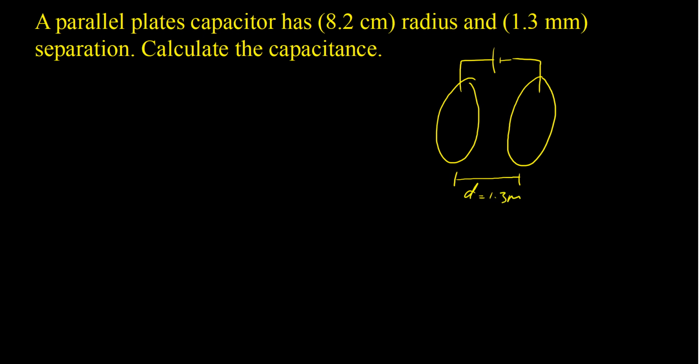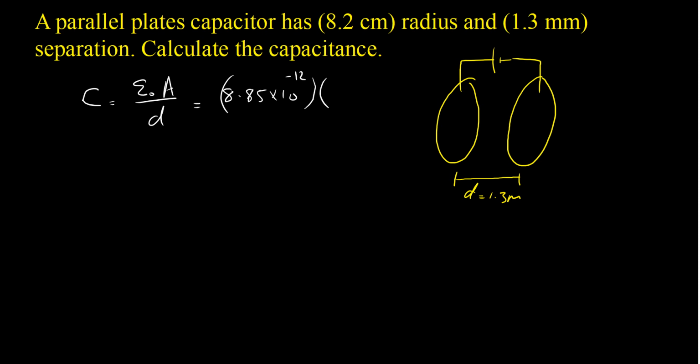Now first of all I need to apply the formula. We know the capacitance equals the permittivity multiplied by the area over the distance between the two plates. The permittivity is a constant, 8.85 times 10 to the power minus 12.